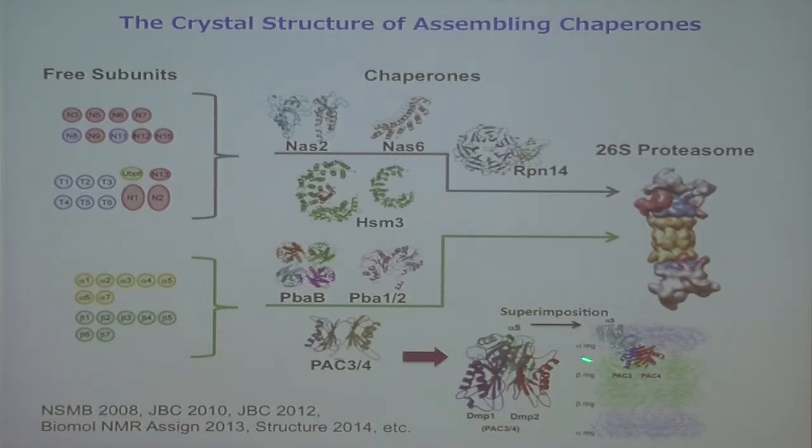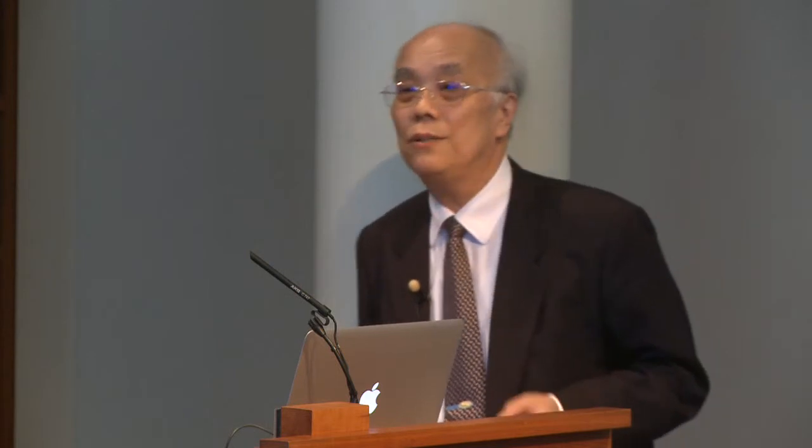As you can see here, this is superimposed on the 20S proteasome. So the chaperone is associated like this, and then promotes the assembly of the alpha ring like this. So this is the overall structure.